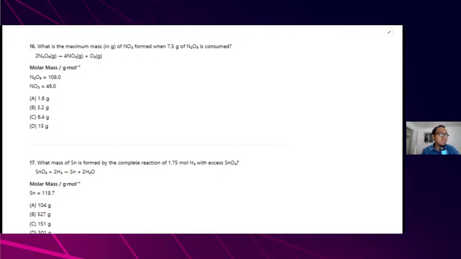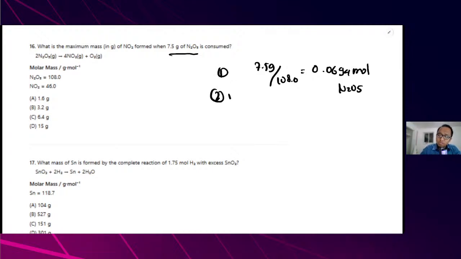The concept is still the same. First we need to convert this into moles. 7.5 grams over 108.0, so the moles will be 0.0694 mole N2O5. All right. And again, we can use the mole ratio.